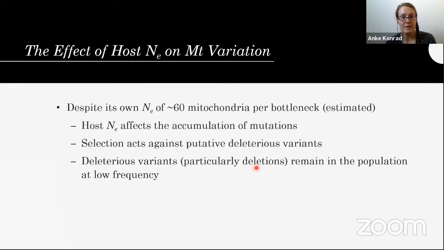And even though deleterious variants are selected against, one thing that we did see was that mutations that mainly delete part of a gene still remain in the population at low frequency, which implies that there is an advantage for the mitochondria. But if the frequency rises too high, that's when they become deleterious for the host and are purged or kept at bay at the very least.